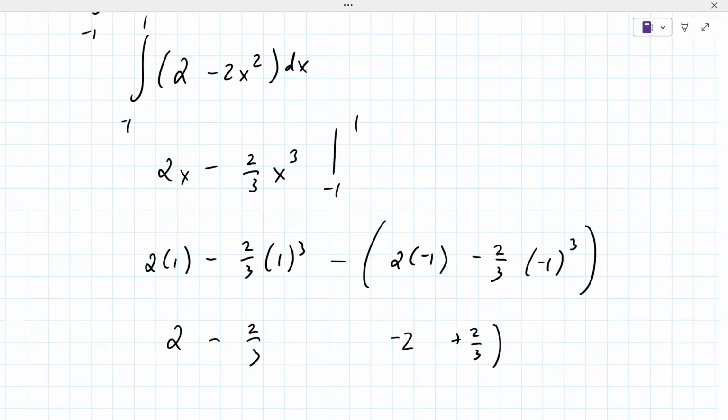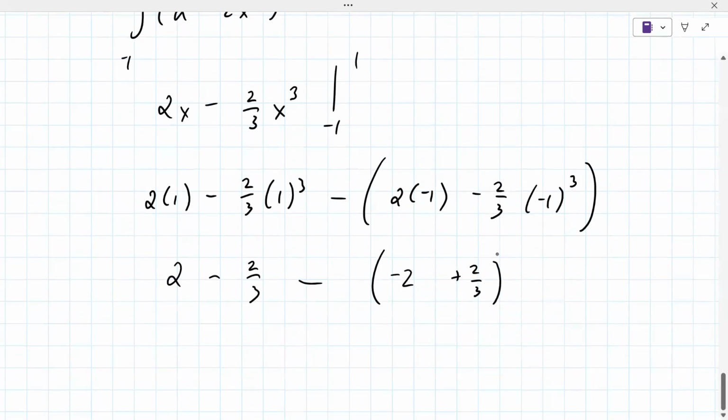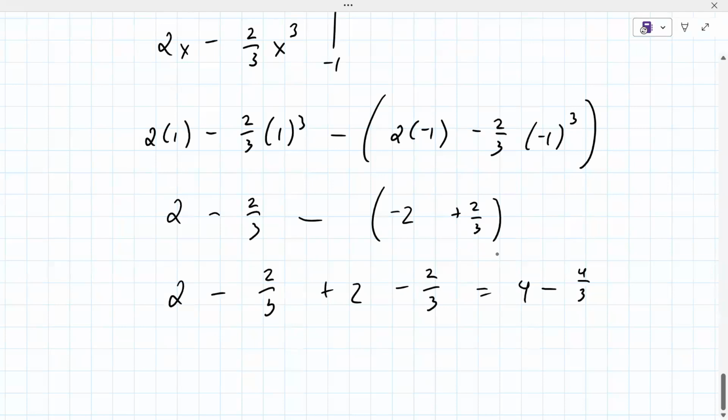But then you're negating, so it becomes 2 minus 2/3 plus 2 minus 2/3, which is 4 minus 4/3. You can make a common denominator if you want. It ends up being, I think, 8/3 is your final answer.